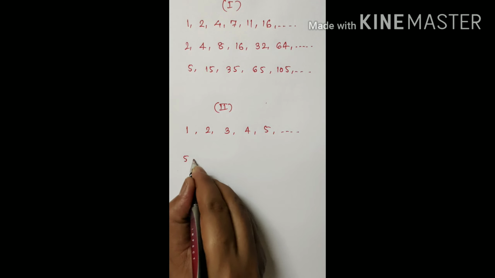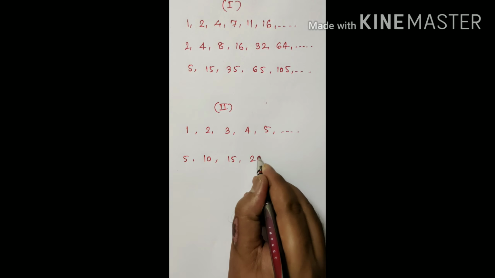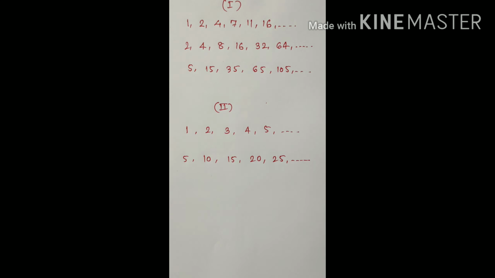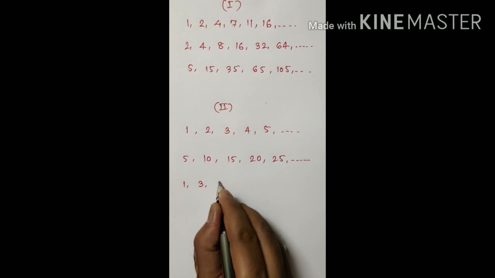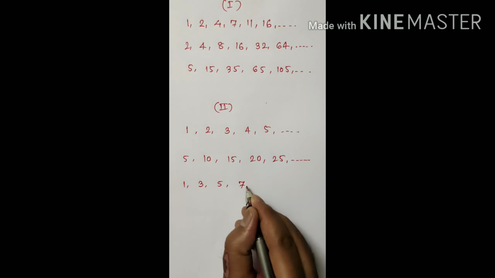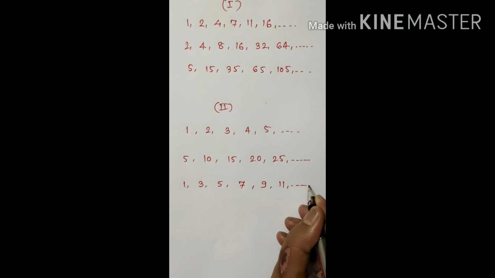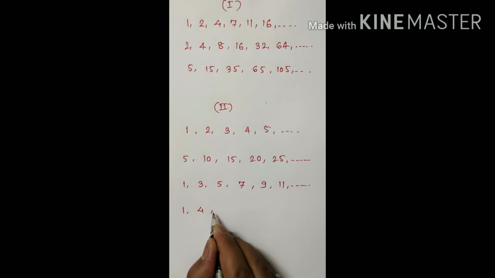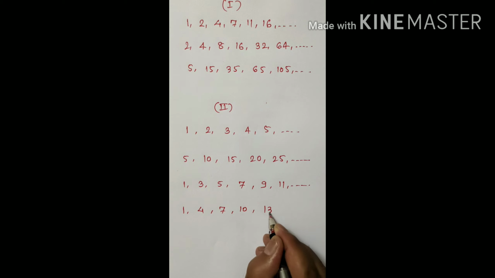Then I will write 5 10 15 20 25 and so on. Then 1 3 5 7 9 11 and so on.